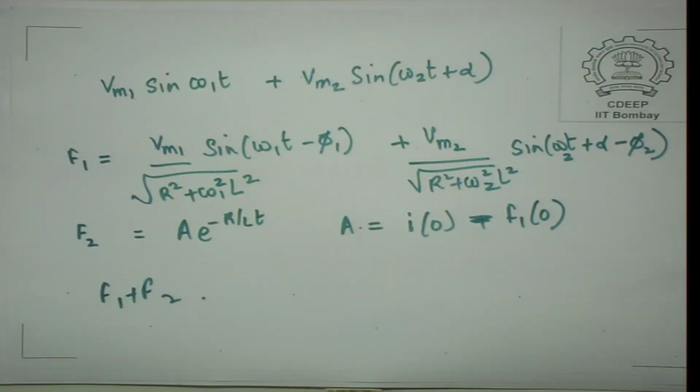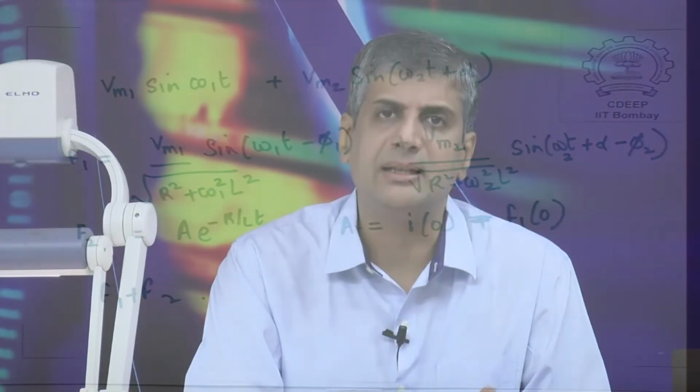Interestingly, for DC and sinusoidal inputs, what you notice is that the response which remains after the natural response dies down is of the same nature as the input. That is, for DC you get DC, and for a sinusoidal input, you get a sinusoidal output.